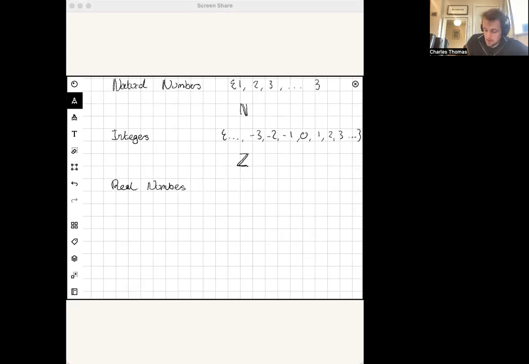The real numbers are all the numbers we usually think of. So it's 1.1, it's 2.7, including weird numbers like pi, e, all of those live in R, and we write it with this fancy R here.